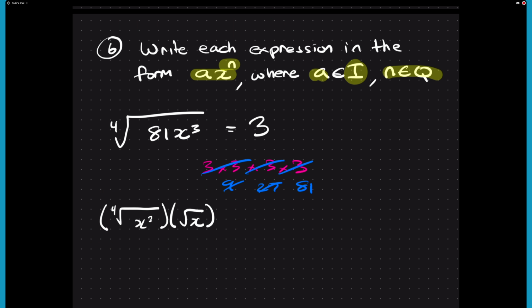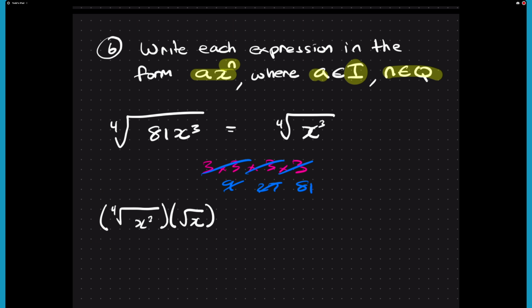Now, what I'm going to be left with is 3 times the fourth root of x cubed. Okay, now how am I going to deal with that one, the fourth root of x cubed? Well, we'll just, for a moment, ignore that 3 is there, and that's pretty simple to do.